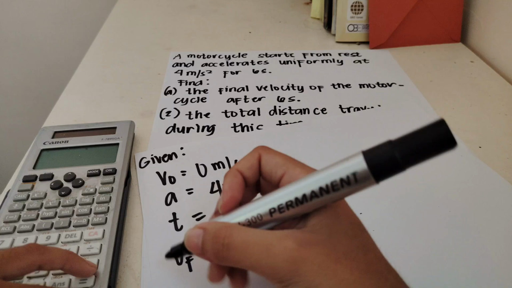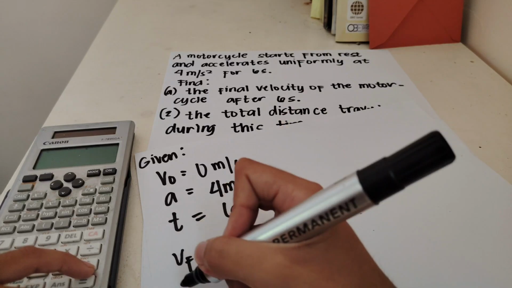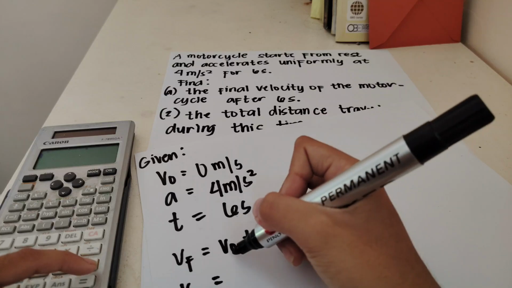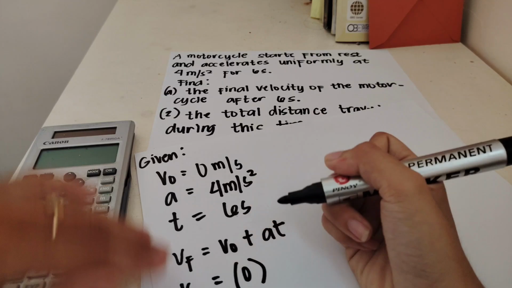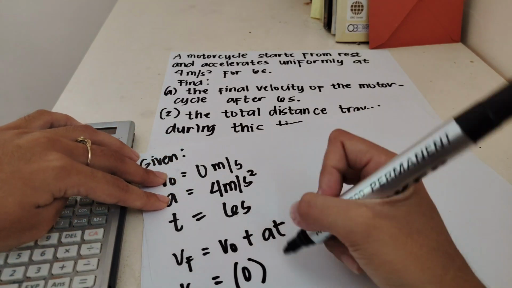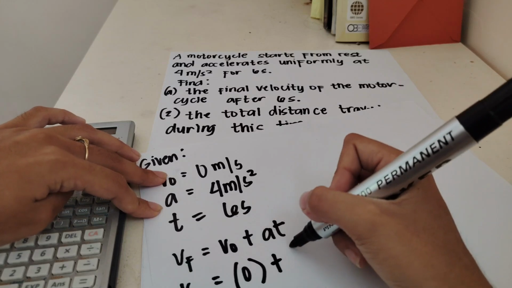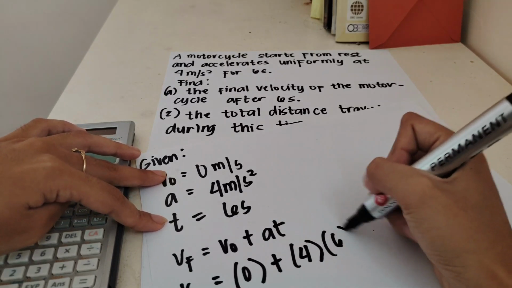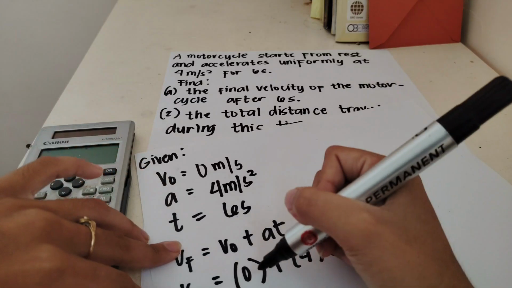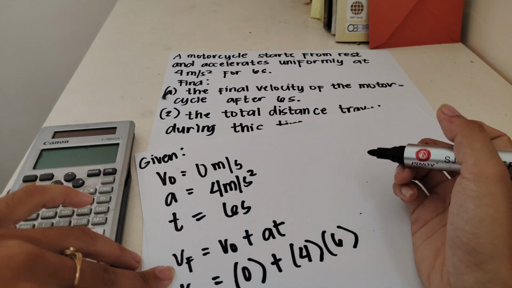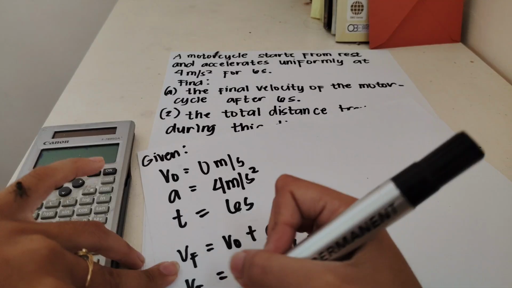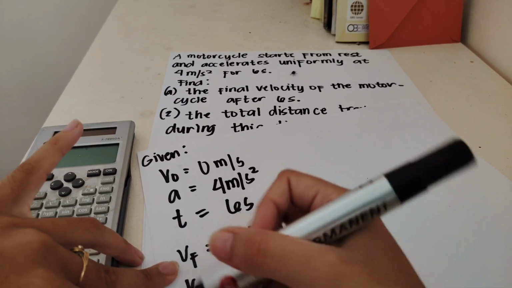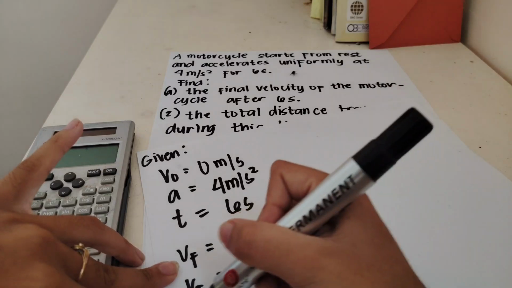So we have here the final velocity, the initial velocity, which is 0, given 0 initial velocity, plus the given acceleration of 4 times the given time of 6. So since 0 plus 6 times 4 is 24, the final velocity is 24 meter per second. So this is our final velocity.